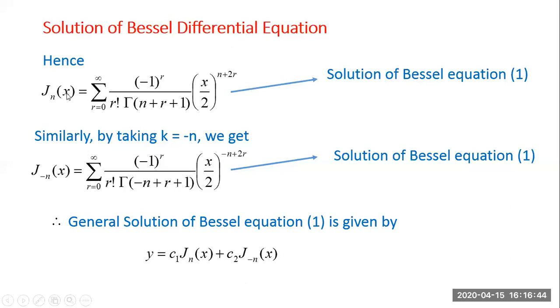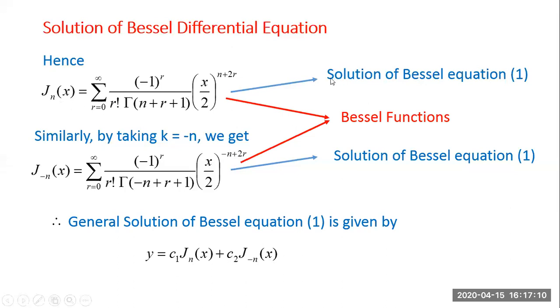So these Jn of x, J minus n of x are called as Bessel's functions. So in this video, what we got is the solution of a Bessel's differential equation, which is given by c1 Jn of x plus c2 J minus n of x, where Jn of x and J minus n of x are two independent solutions of Bessel's equation.